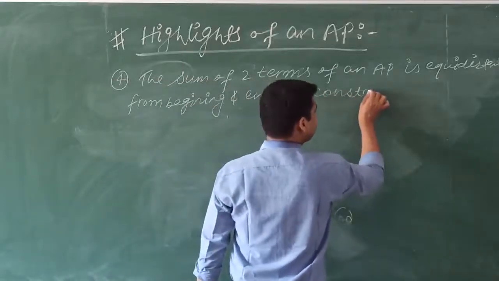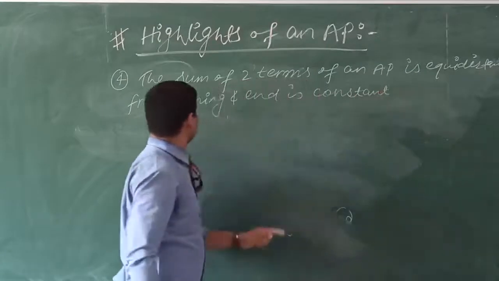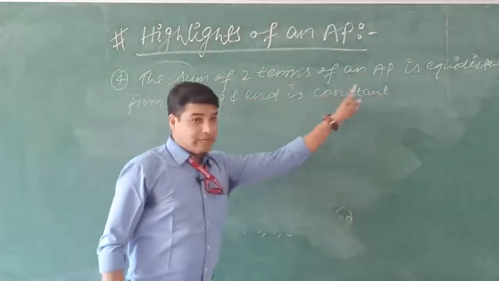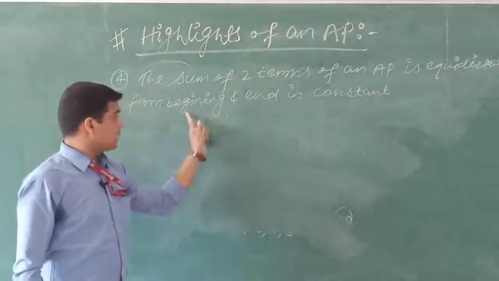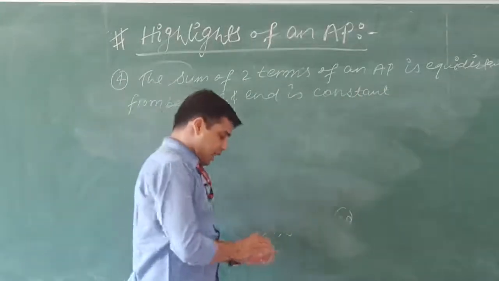So see this, what is the meaning of this? I am going to explain. The sum of the two terms of an AP equidistant from the beginning and end is constant. Okay, why is it constant?